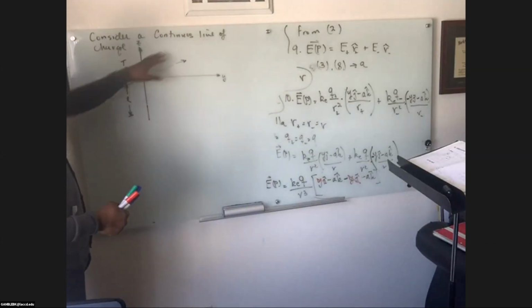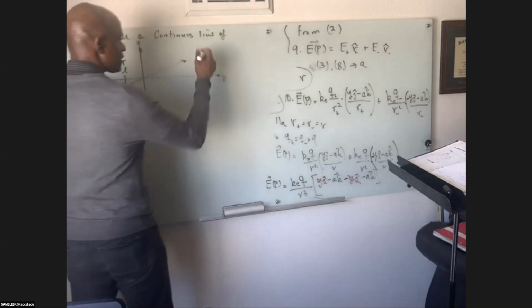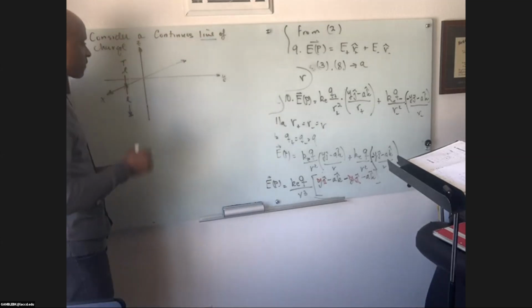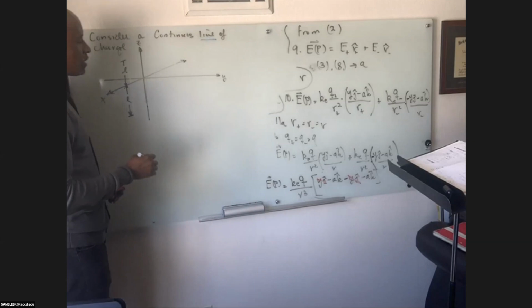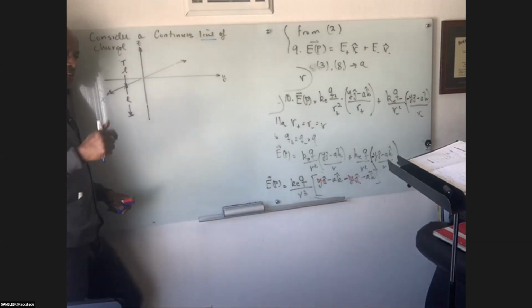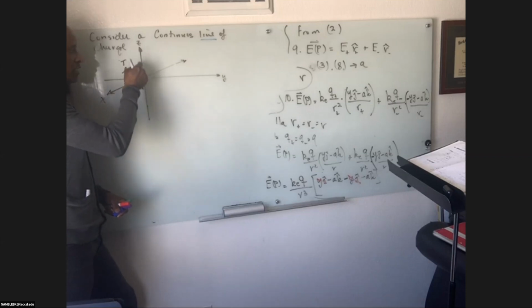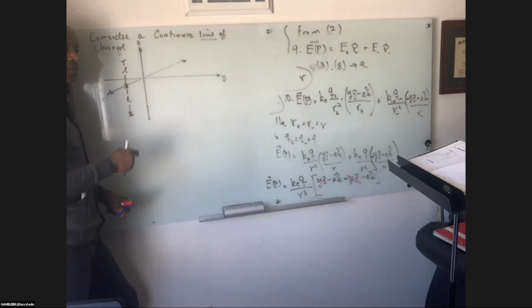So when we say a continuous line of charge, we're also implying that the symmetry is linear, meaning that this charge is kind of a theoretical scenario where the charge is just distributed over the one-dimensional axis.